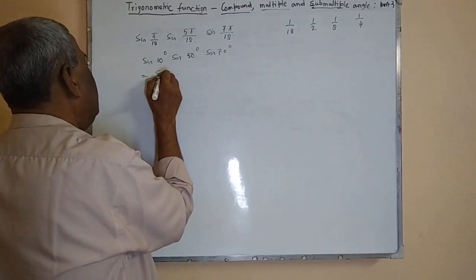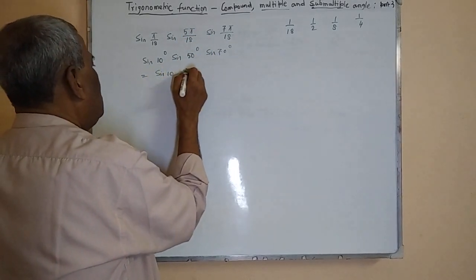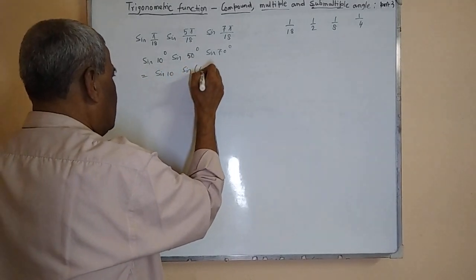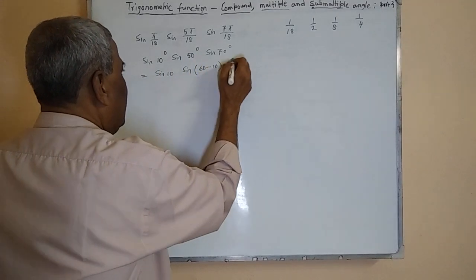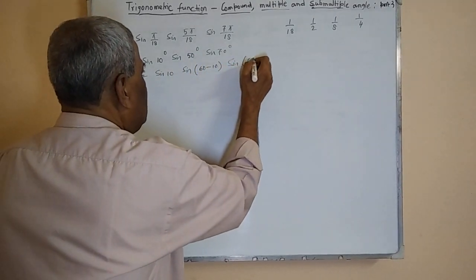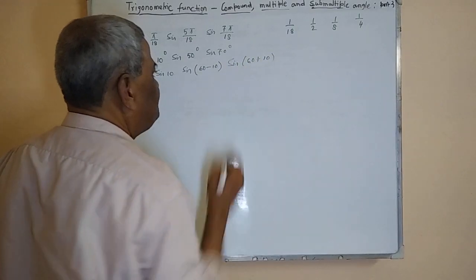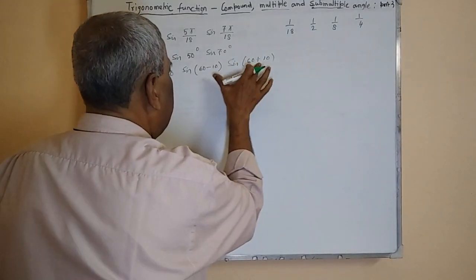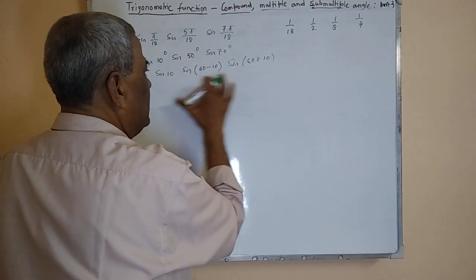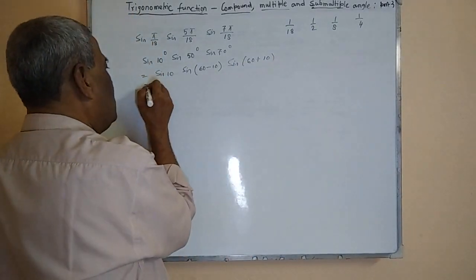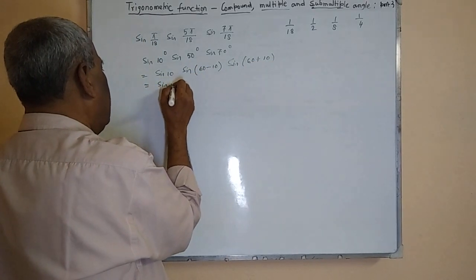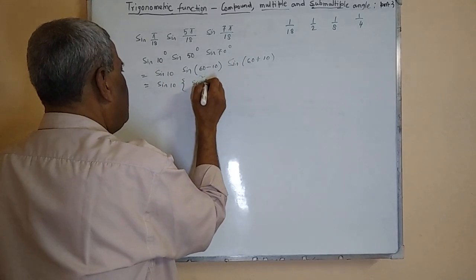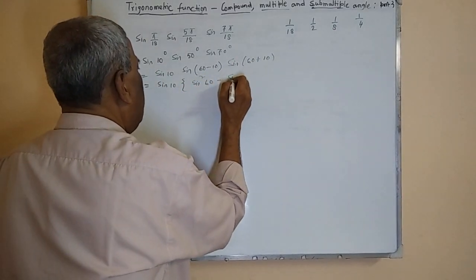So it is equal to sine 10 into sine of 60 minus 10 into sine of 60 plus 10. Now it is of the type sine (a plus b) into sine (a minus b), take together. So it is equal to sine 10 into sine square a minus sine square b.